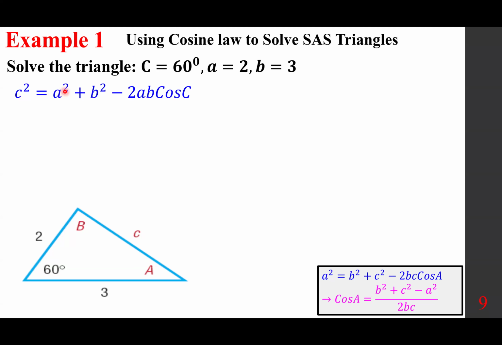So this is 2 squared plus 3 squared minus 2 times 2 times 3 times cosine of 60. I mean, cosine of 60 happened to be a common arc, and we know it's 1/2. But anyways, so it happened to be 1/2, okay? And this is 4, this is 9.